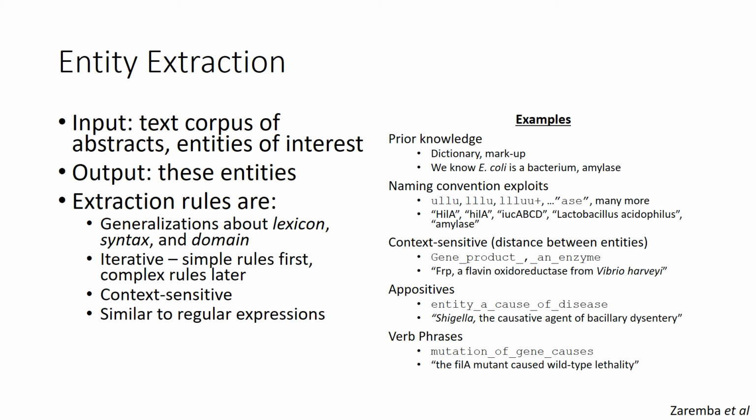Then you can build upon those rules with appositives, verb phrases, and it's very context sensitive. So if one word is close to another word and you pull them together, you may see that they have a relationship.